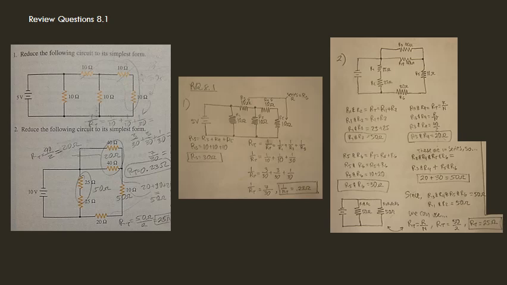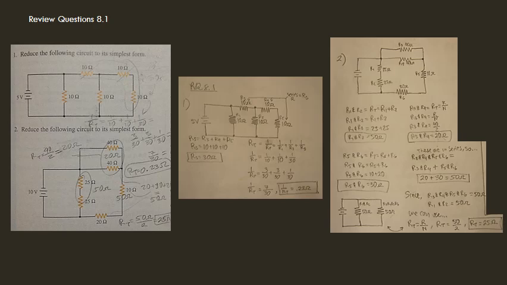You can combine those as well as others, but I decided to go with that. R1 and R2 are 25 ohms each. You just add the resistances in a series circuit, that's 50 ohms.